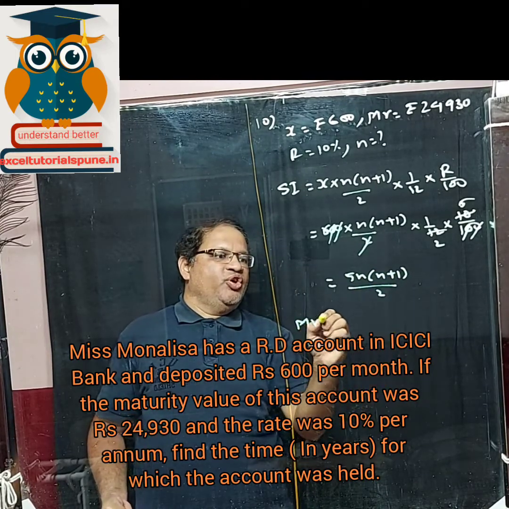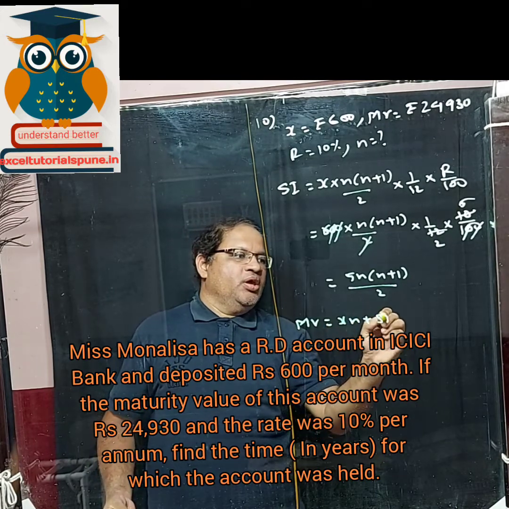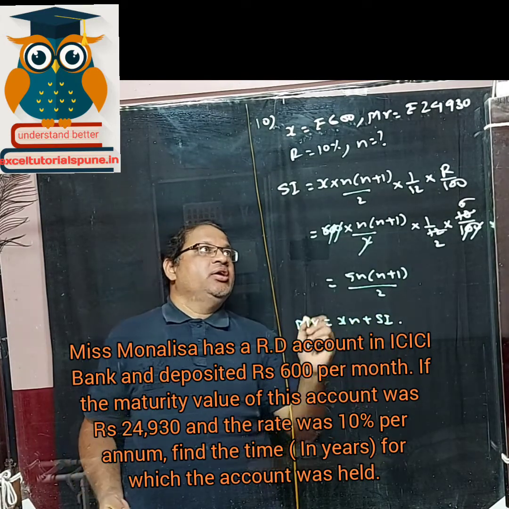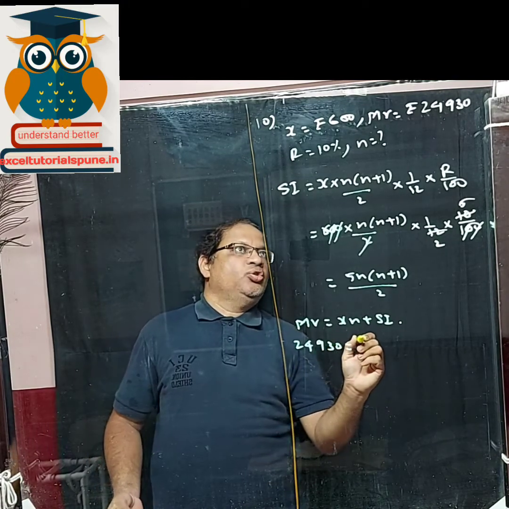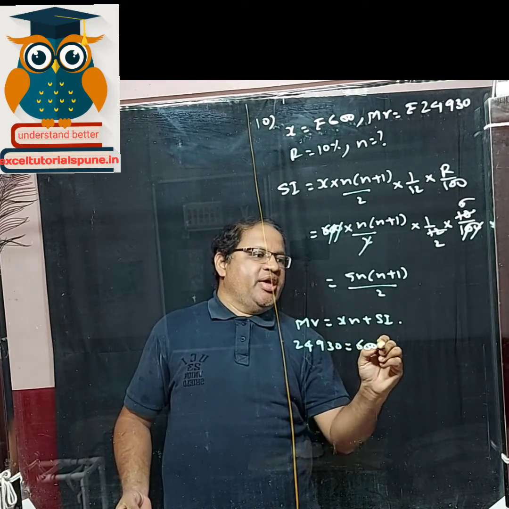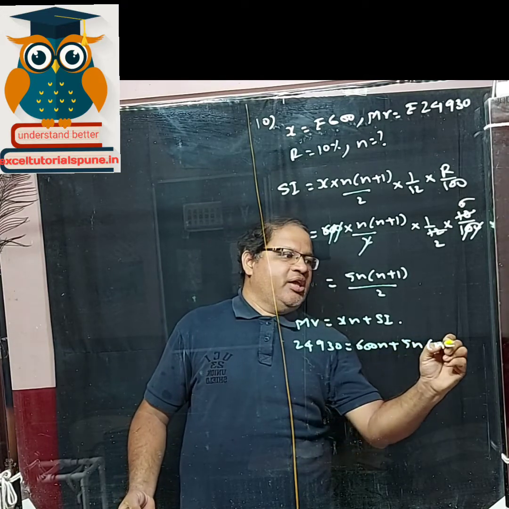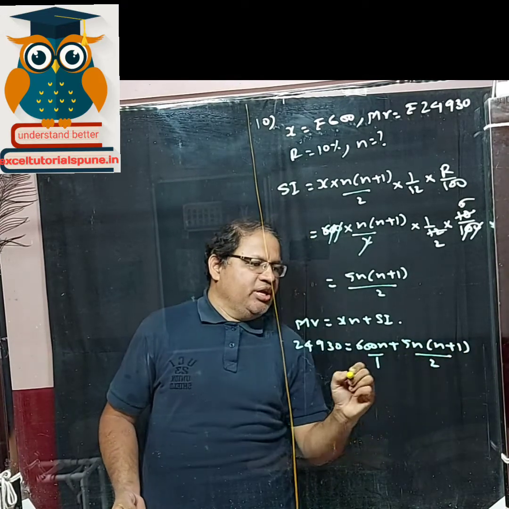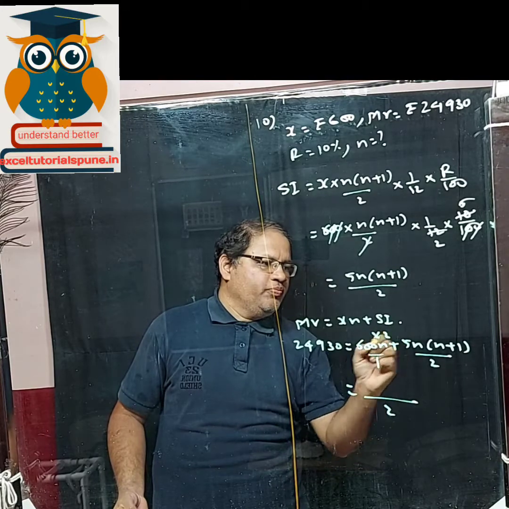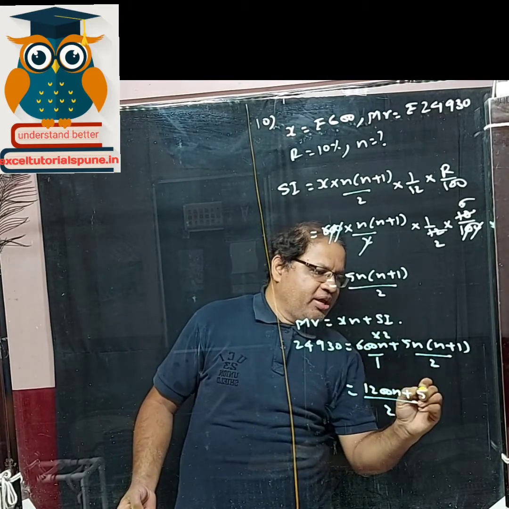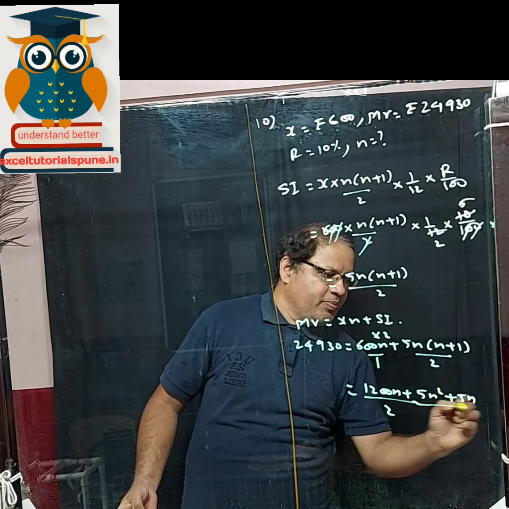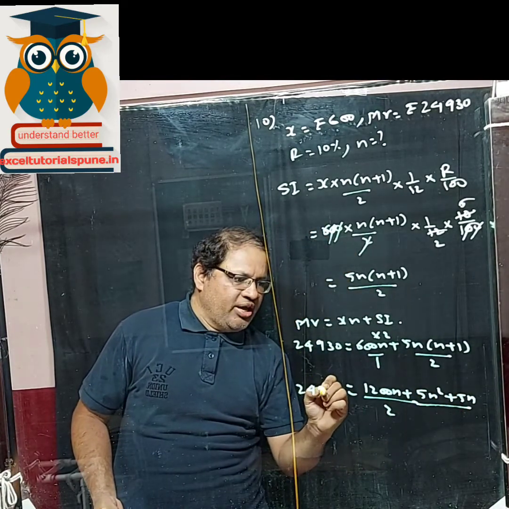Then use the second formula. MV is equal to xn plus SI. So 24930 is equal to 600n plus 5n bracket n plus 1 upon 2. Take the LCM. LCM is 2. So 600 into 2, 1200n plus open the bracket 5n square plus 5n is equal to 24930.